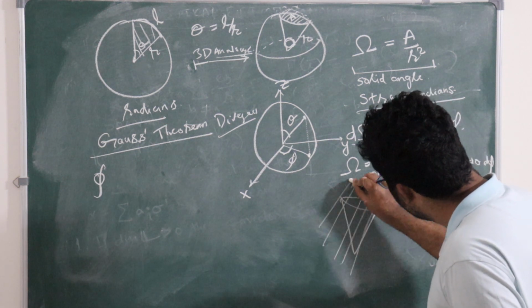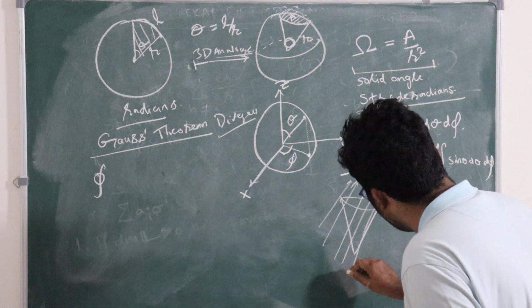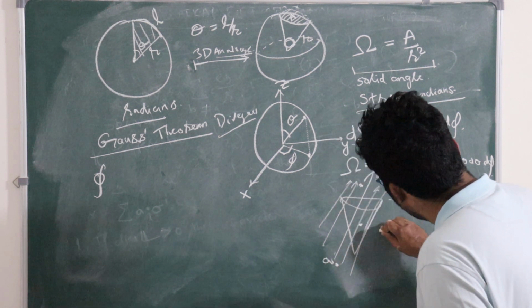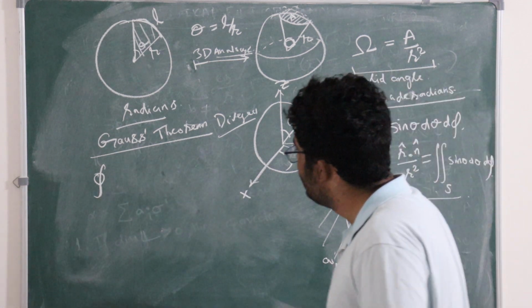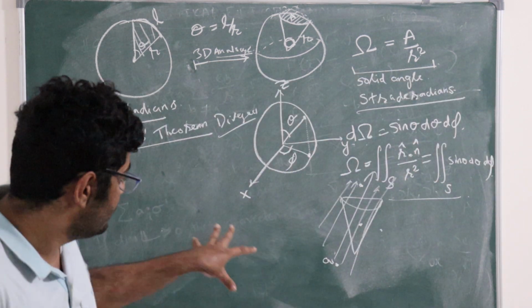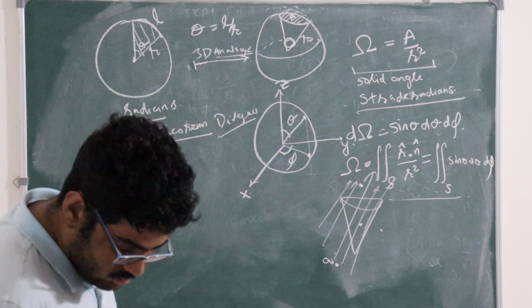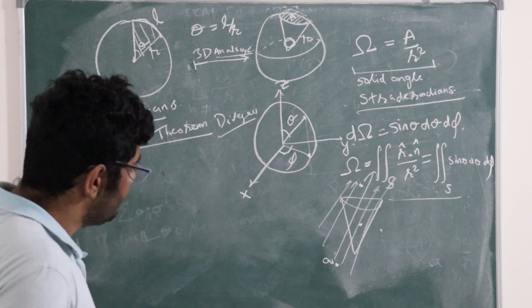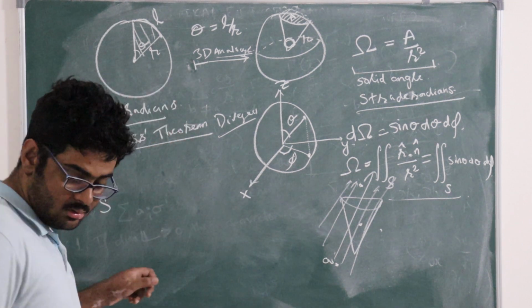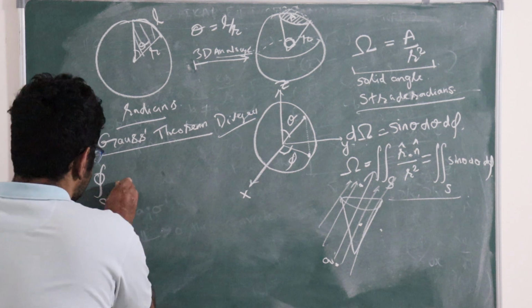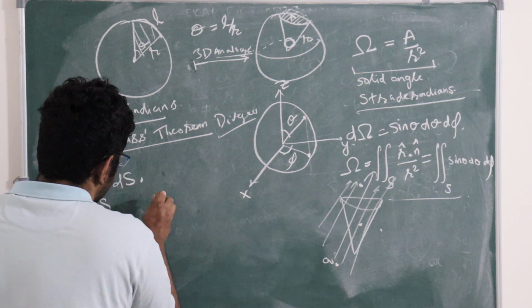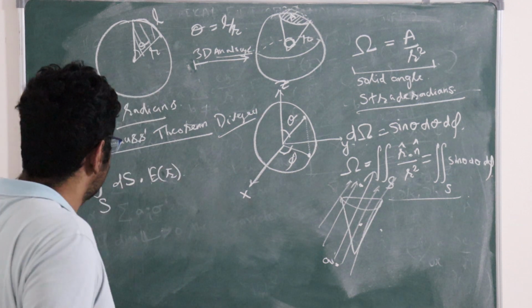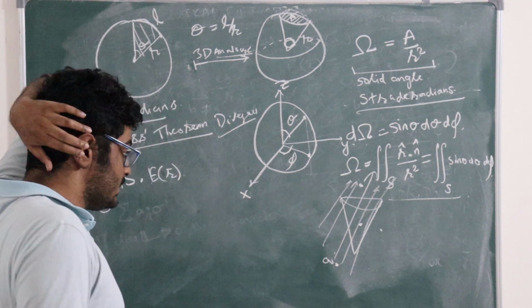If a charge is outside of it, or here, or anywhere, or if it's a collection of charges, what I do is I take a surface with a contour integral of ds dot E of r, and this is basically the flux.